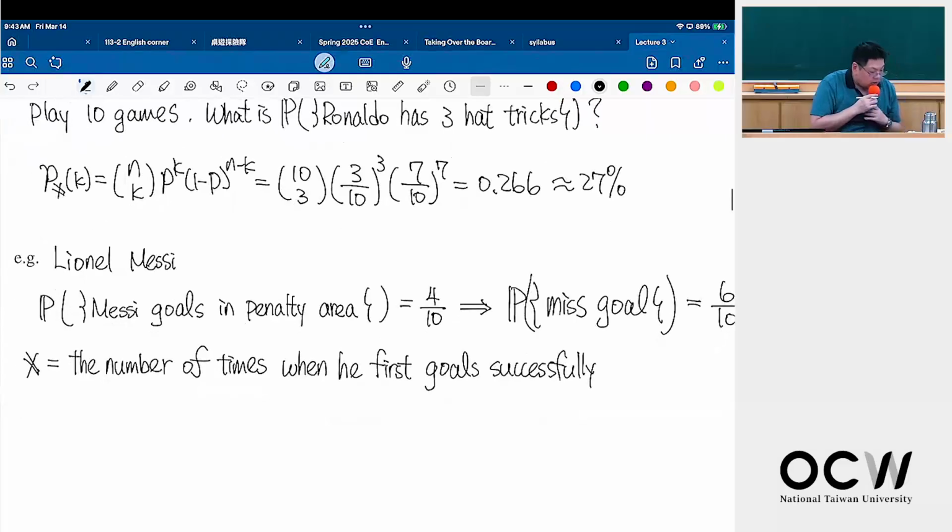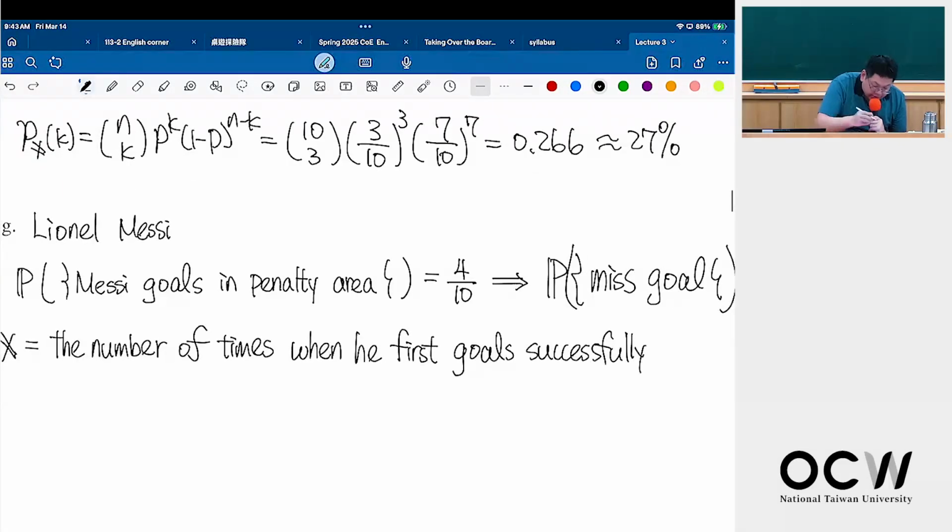Okay, so for the first goal successfully, that means maybe the first 5 times, he fails, he missed the goal. Maybe the first 7, 10, 20, and then finally he scores. So the PMF will be the first k minus 1 times they missed the goal. The last one he scores, so there'll be p.